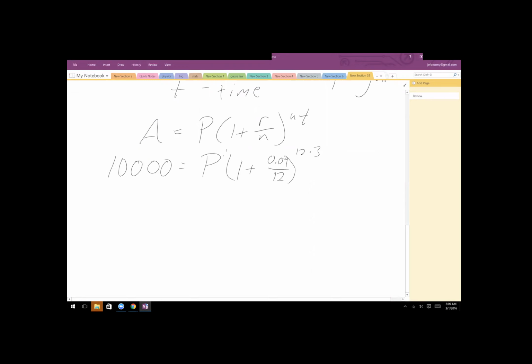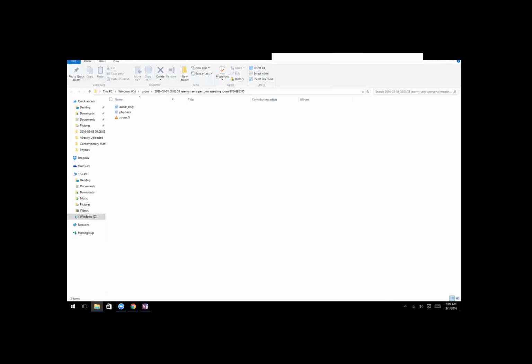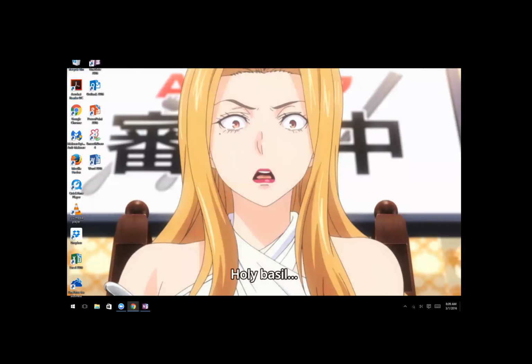So this part right here is just some number. I can punch it into a calculator to see what it is. That's 12 times 3. I'm just going to punch that number into a calculator and then divide 10,000 by it. That'll give me what I need to put in now. Since we're going to be using Excel later, let me pull up Excel.